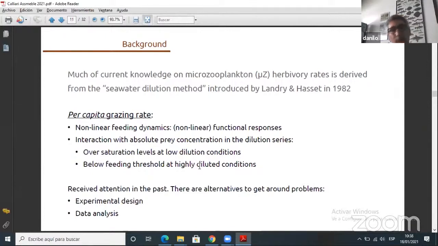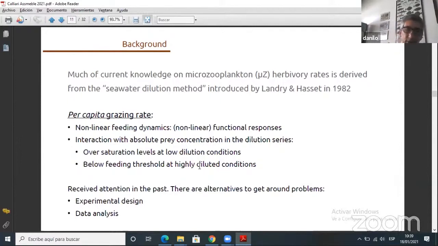It is quite common that we observe prey concentrations above saturation levels in the feeding behavior of the microzooplankton at low dilution conditions, or we may find that prey concentrations are below the feeding threshold at highly diluted conditions. This creates strong departures from the linear pattern that we saw just before.